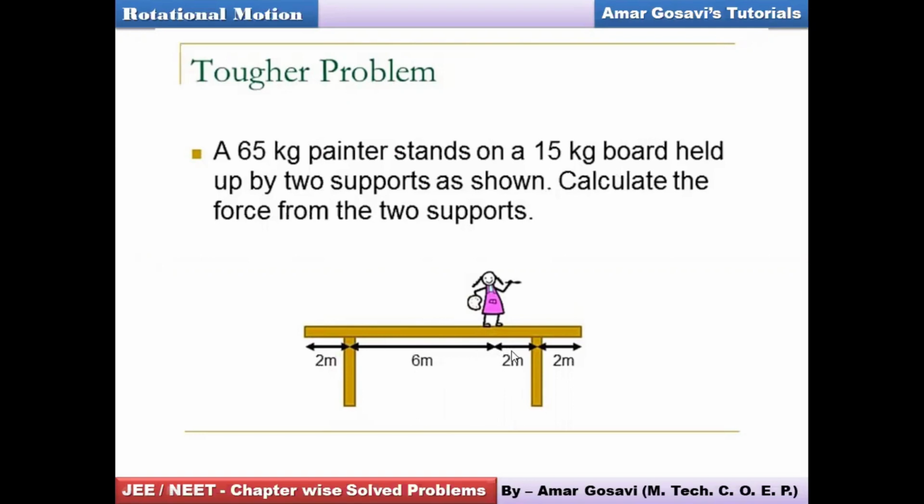So again, we would need to draw a free body diagram before we solve this problem. Please make a note of this problem and let me know if you have noted it down. Then we discuss the solution of this, on the basis of conditions of equilibrium. Please let me know if you are done with it in the chat section so that we discuss the solution of this problem.